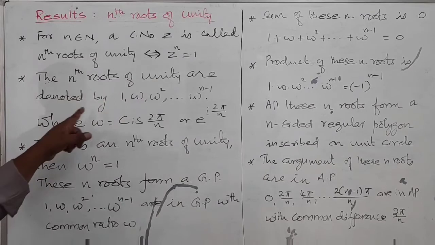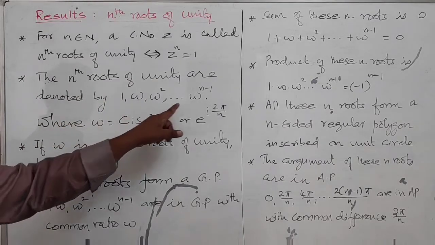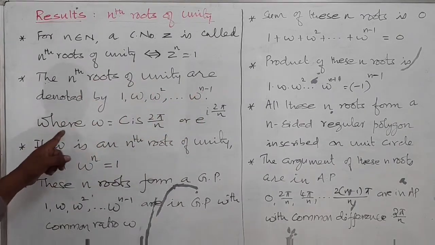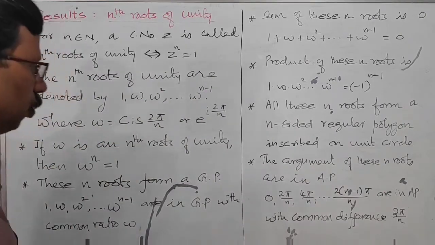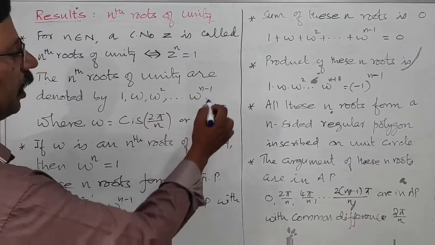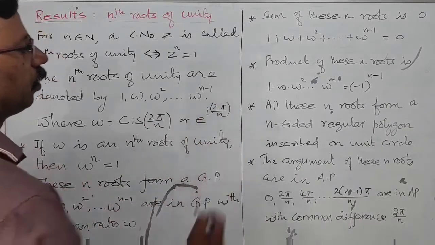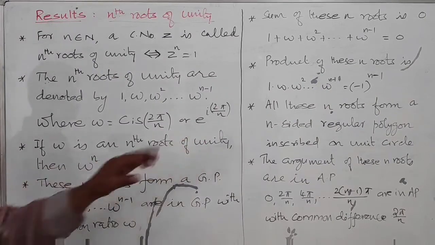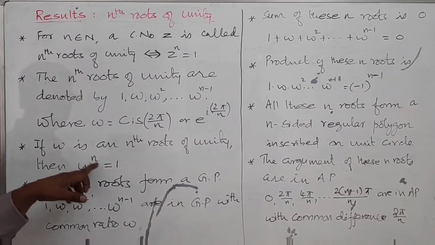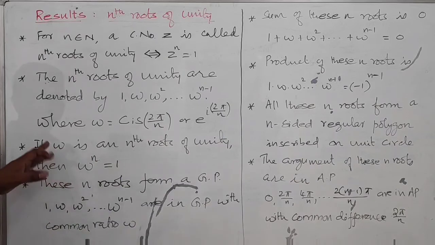Then the nth roots of unity are denoted by 1, omega, omega square, etc., omega power n minus 1, where this omega is nothing but cis 2 pi by n, or you can write e power i into 2 pi by n. Now, if omega is an nth root of unity, then omega power n is equal to 1.